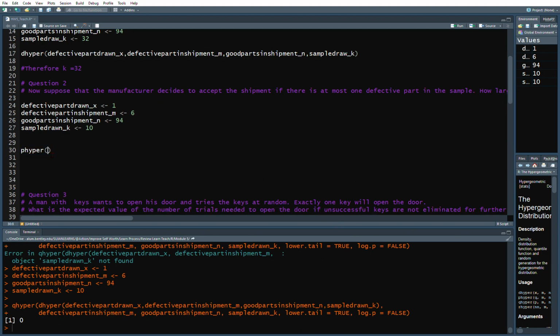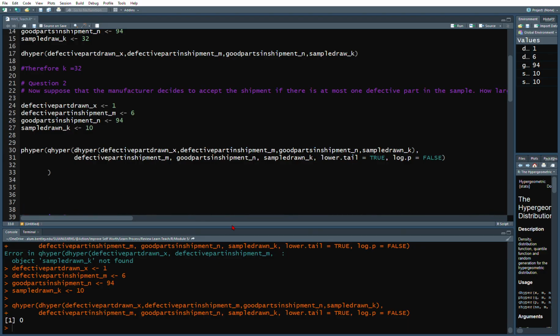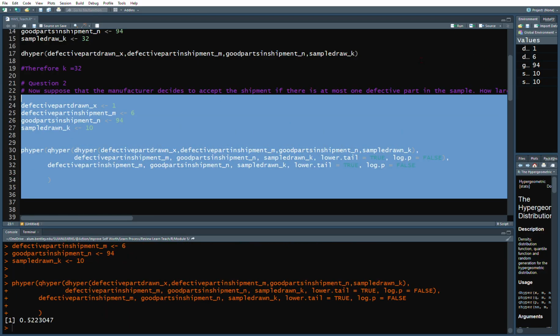We'll use this quantile to do further processing. Let's see what happens if we do this. It must give me some error.